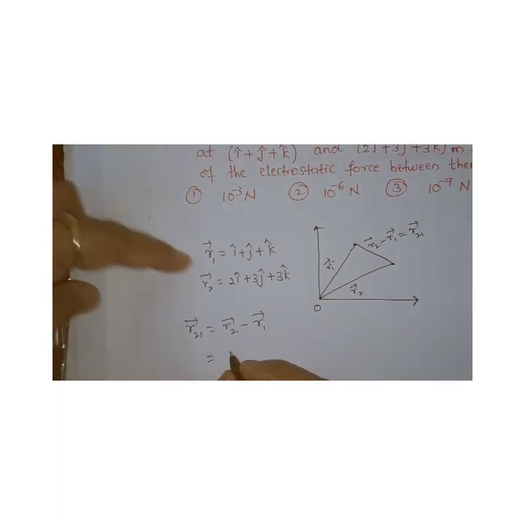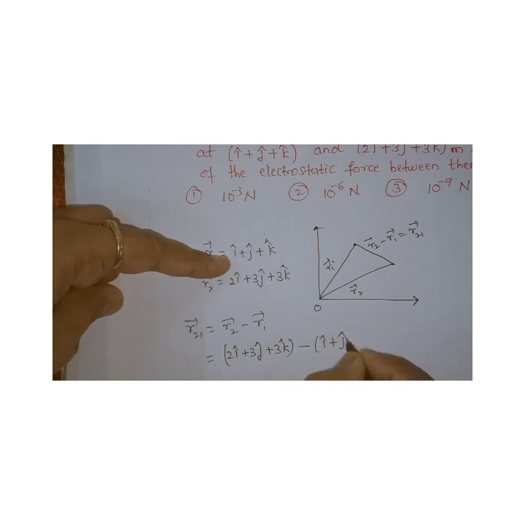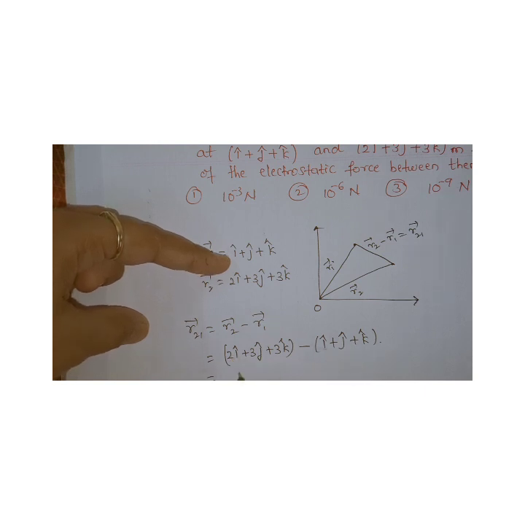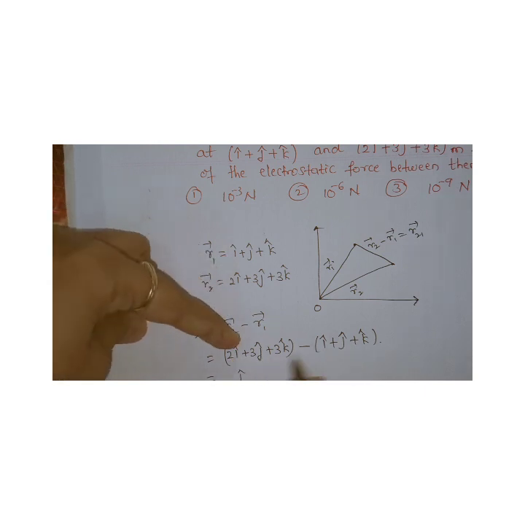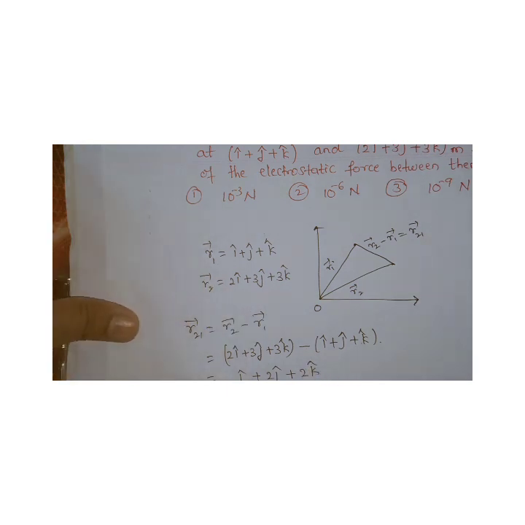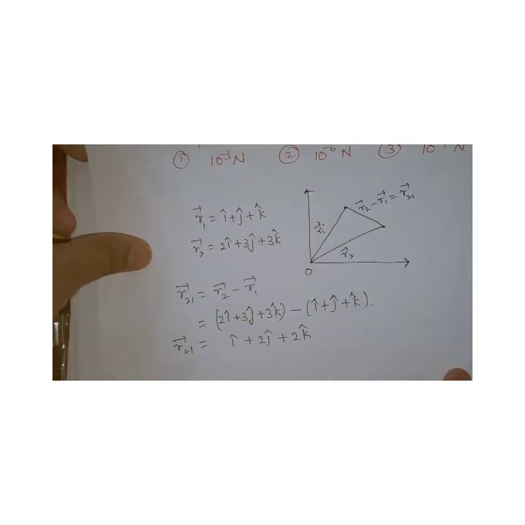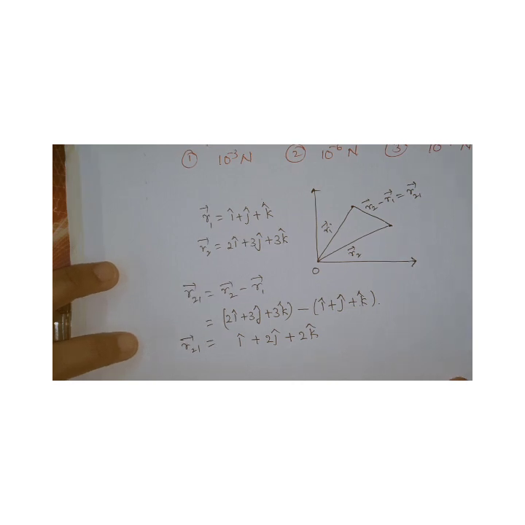Subtracting them, what do you get? 2 i cap plus 3 j cap plus 3 k cap minus i cap plus j cap plus k cap. So 2i minus i is i cap, 3j minus j is 2j, 3k minus k is 2k cap. Correct? So this would be our R21.